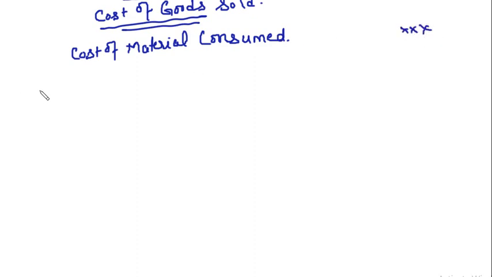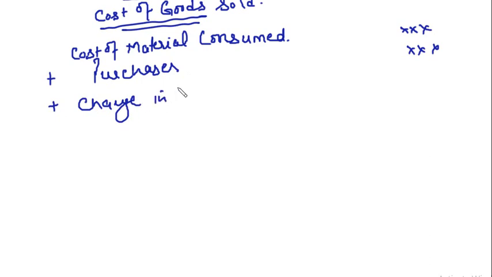Right? Plus purchases. It says plus the change in inventory. Change in inventory. It divides inventory into three parts here. FG, that is finished goods.